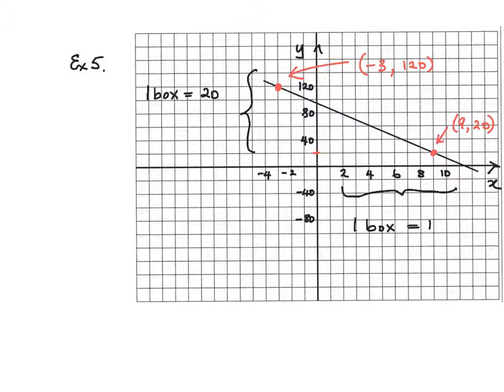The gradient, very simple, y2 minus y1 over x2 minus x1. So 120 minus 20 over minus 3 minus 9. So that's 120 minus 20 is 100 over minus 12. Now, can't do much with that.